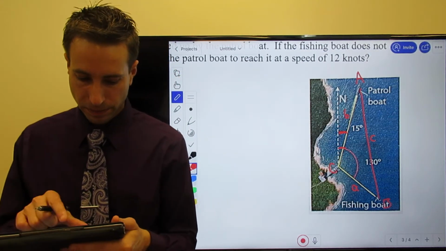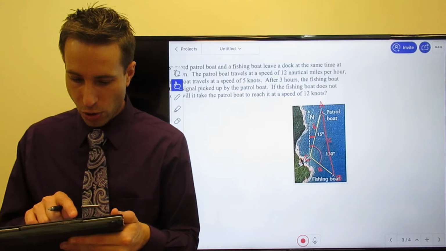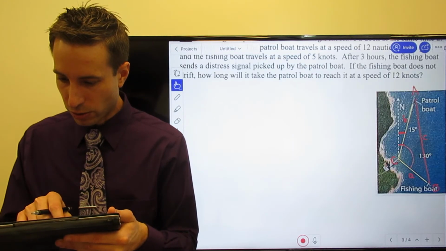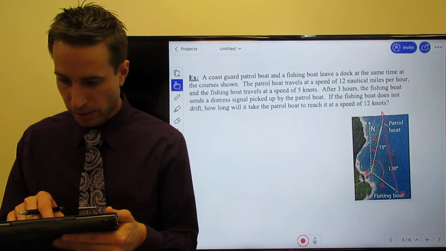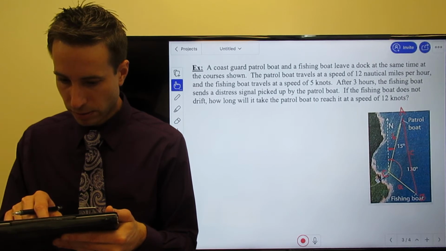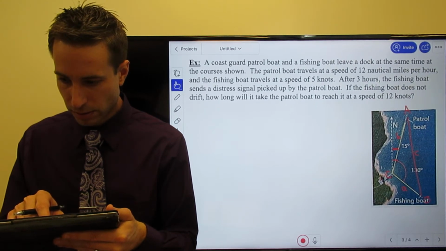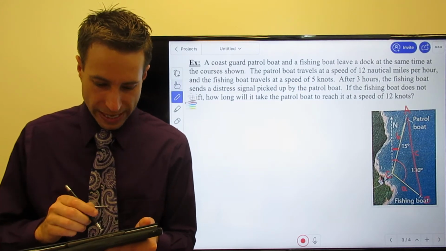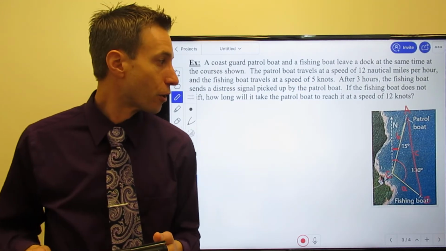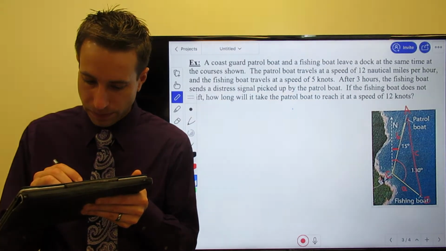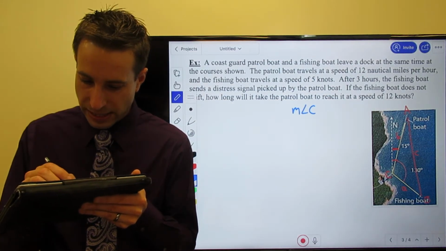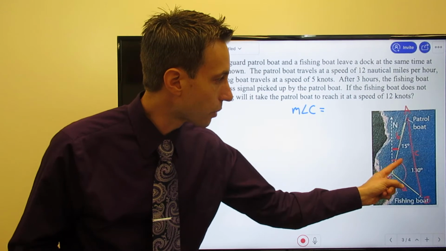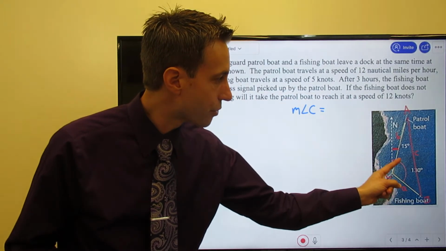Now, let's figure out what we know. First, I can find the measure of angle C. Look, this whole thing right here is 130 degrees.